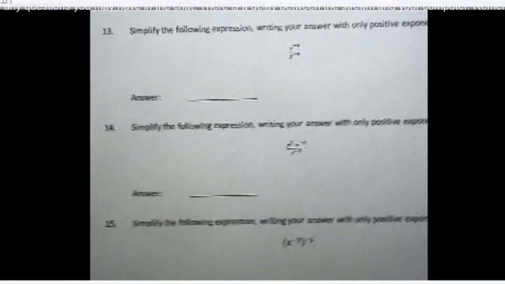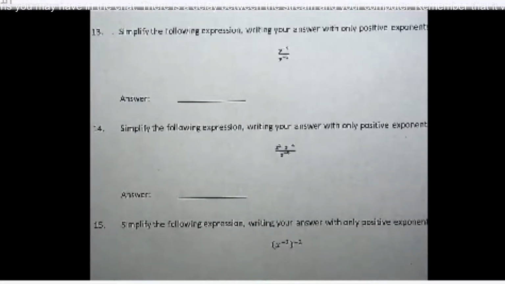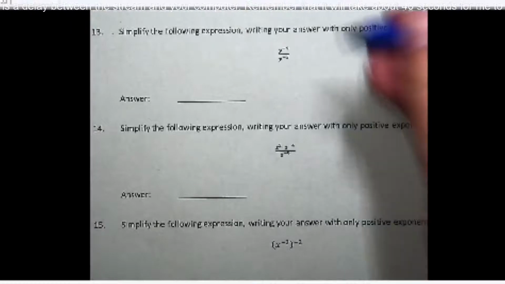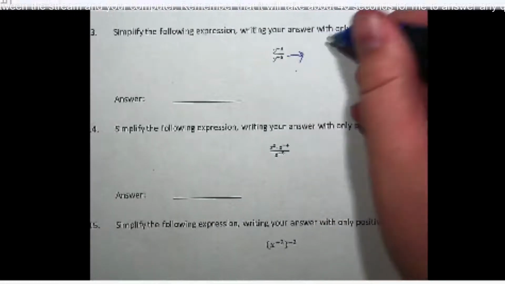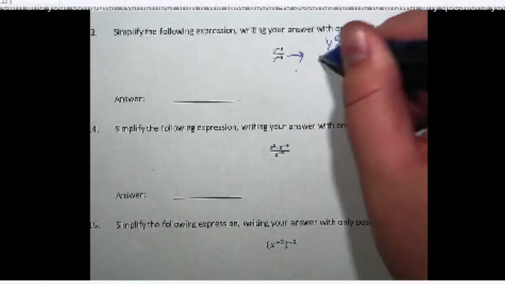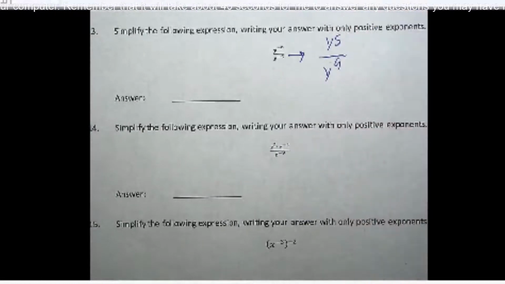Okay. Next page. Got another one of these things with negative exponents in it, and I don't really want to deal with negative exponents, so I'm going to flip them to make them positive. So now I've got y to the 5th over y to the 9th.